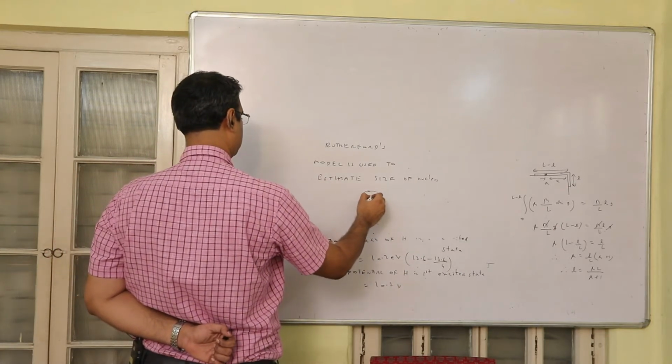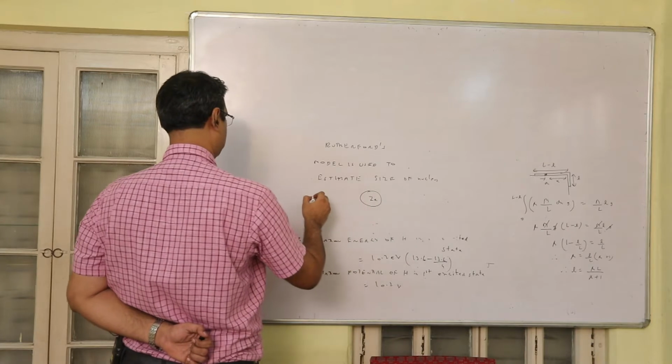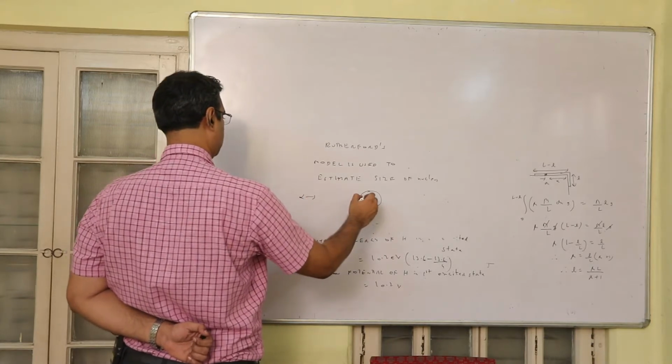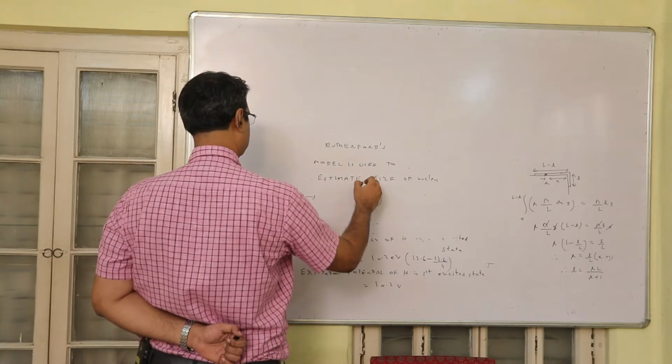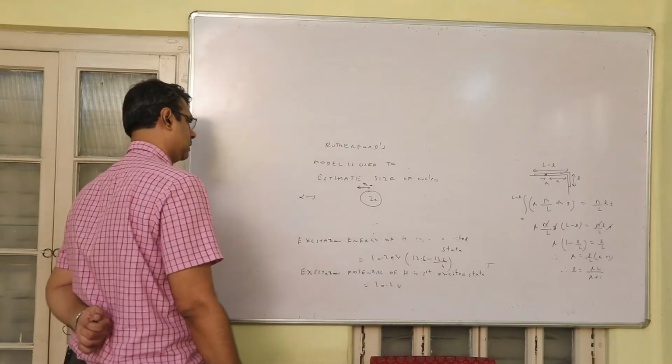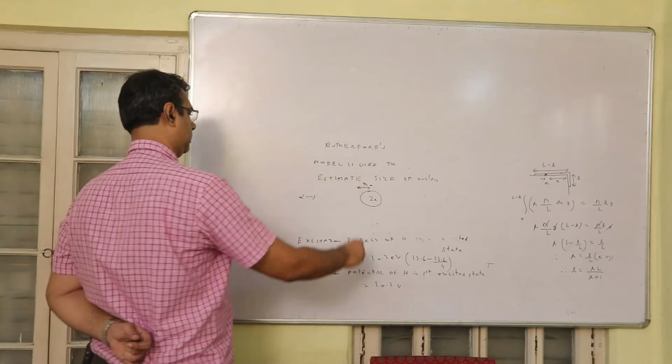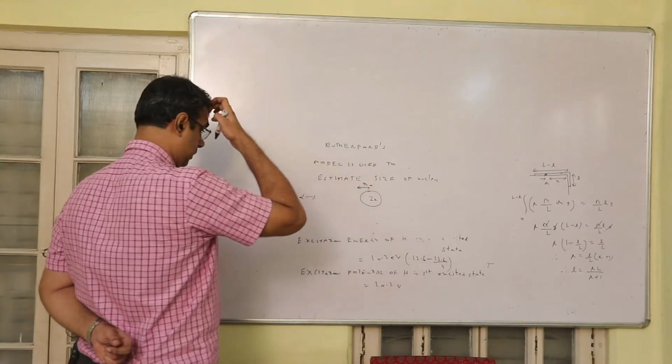Suppose this is the nucleus which the alpha particle is approaching. So let us say that the radius of the nucleus is r0. Let the atomic number of this nucleus be Z.